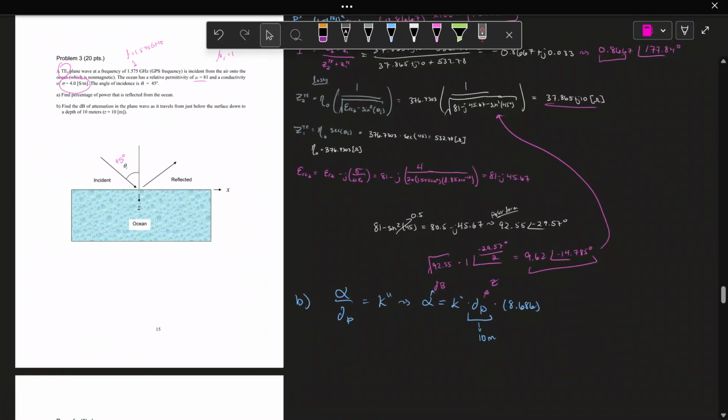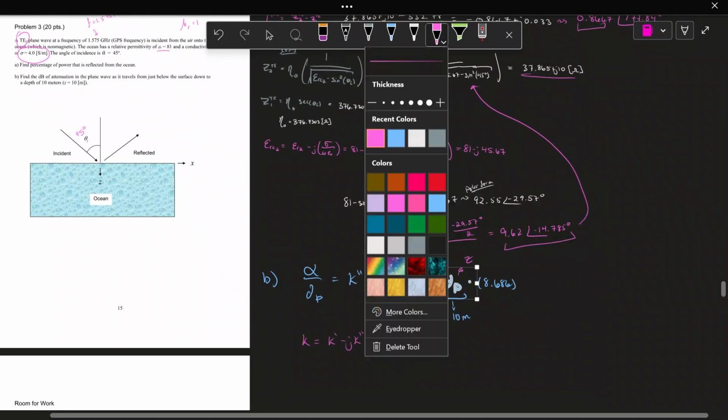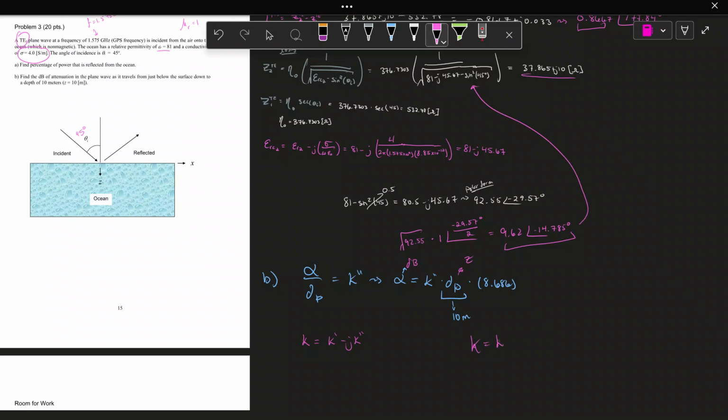To find K prime, though, we need K, because K is equal to K prime minus j times K double prime. We need K double prime, I mean. To find K, though, we use this equation. K is equal to K naught times the square root of epsilon RC squared minus sine squared theta, the incident angle.